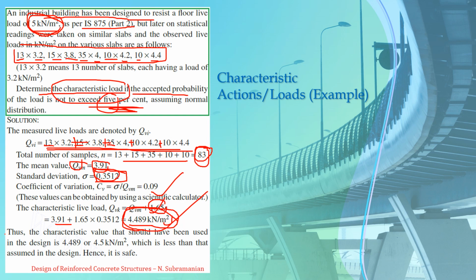The same thing is written as conclusion in this numerical. The characteristic value that should have been used in the design is nearly equal to 4.5 kilonewton per meter square. This should have been used in design, whereas we have used a higher value, that is a value of 5. Hence, our design is safe. So this is how you calculate characteristic load.